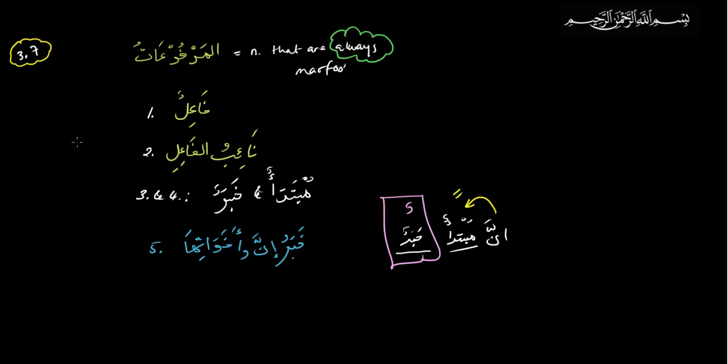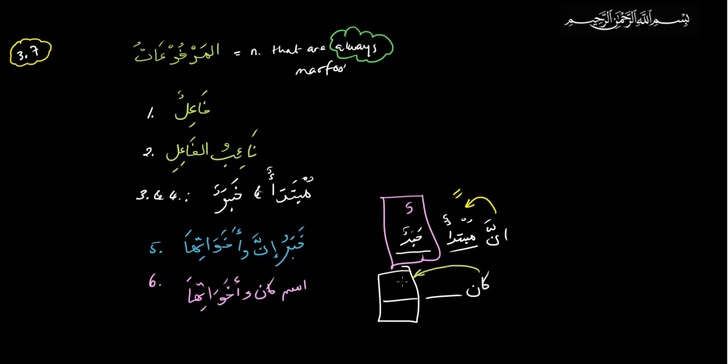And number 6: ism kana wa akhawatiha. Because if you remember, kana does not change the mubtada but makes the khabar mansub.